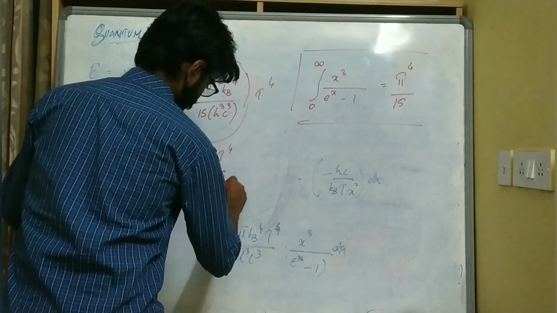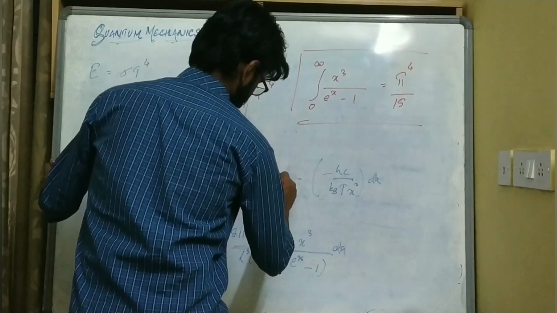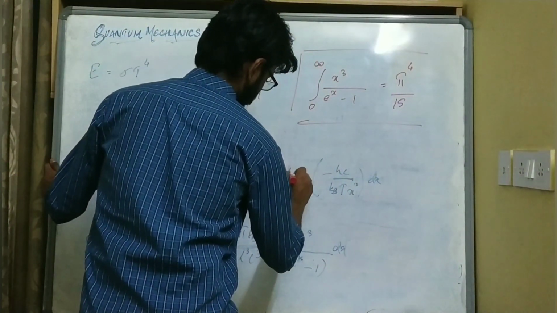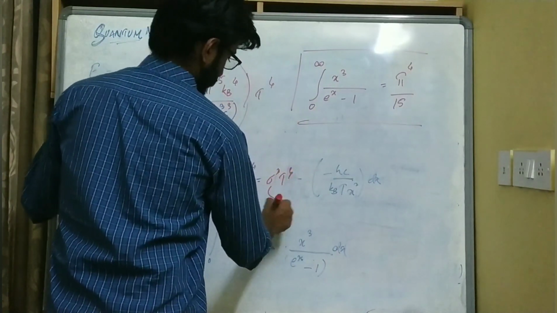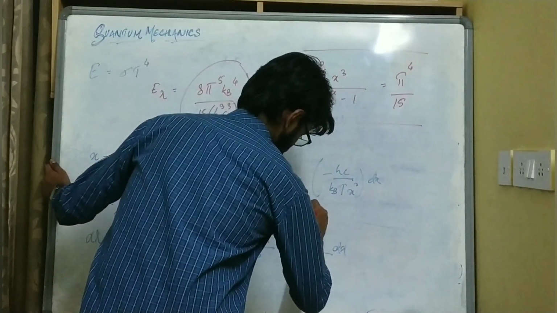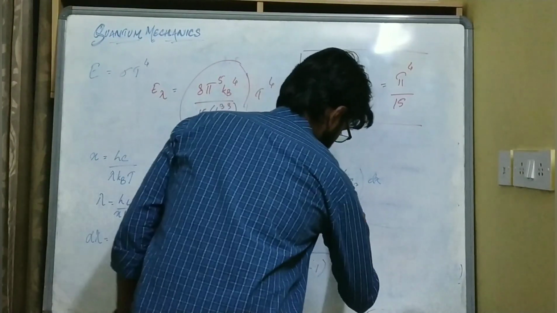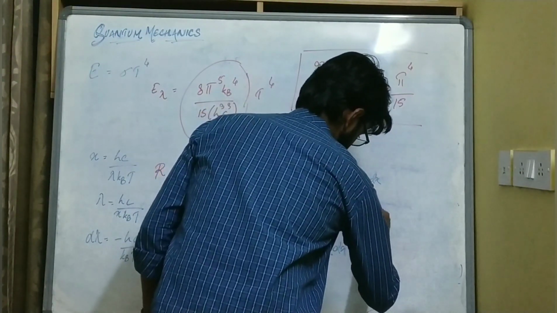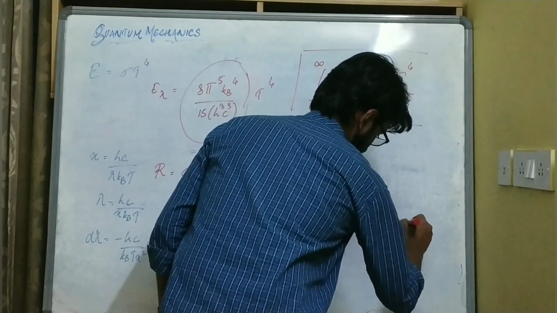This is c by 4 sigma times t to the power 4, and this is sigma star t to the power 4. This is actually the Stefan-Boltzmann constant.